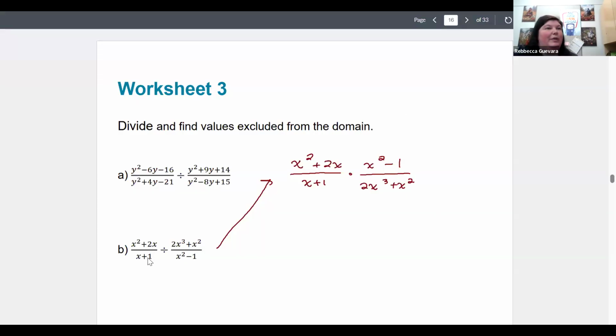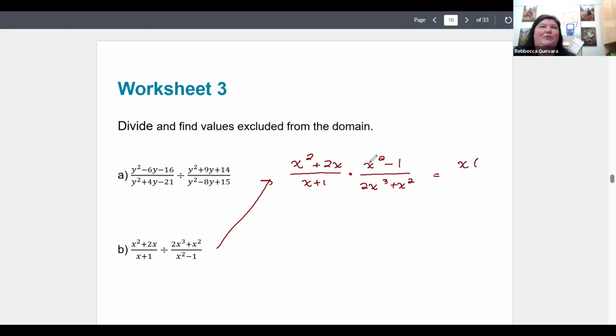All right, so B, all we have to do is just flip or turn to multiplication and then flip the second rational expression. So what you should have is x squared plus 2x over x plus 1 times x squared minus 1 over 2x cubed plus x squared. And we factor out an x.